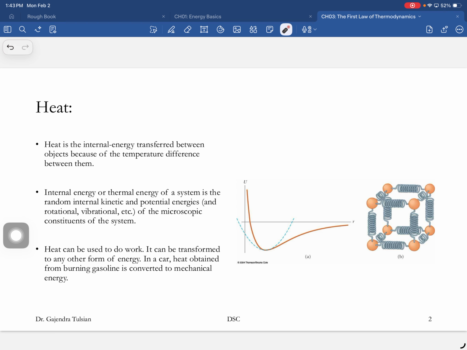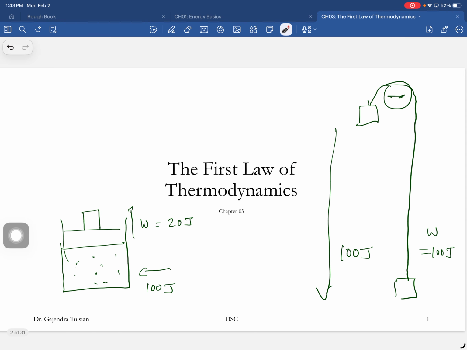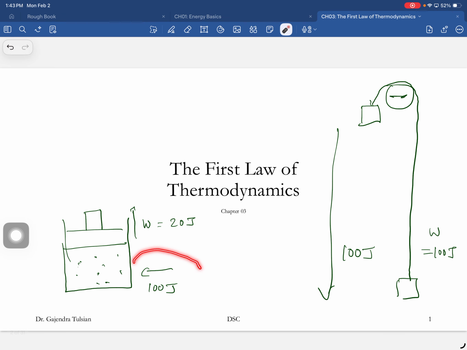There's the boundary, there's the system, and there's the surroundings. We have open and closed systems. Open systems will exchange material particles with the surroundings. In closed systems, the number of particles is constant.